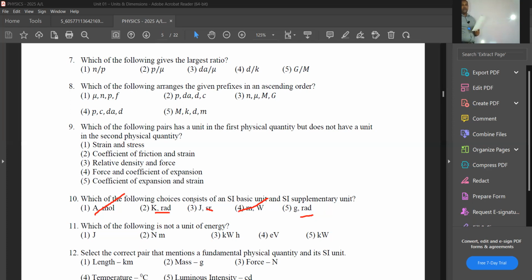Now we have SI supplementary units in these 3 answers, but now we have to determine what is an SI basic unit. Joule is not a base unit because it is a derived unit. Gram is not a basic unit. Kelvin is the base unit. So my answer is answer number 2, Kelvin and radian.